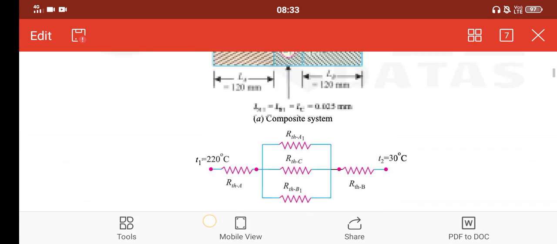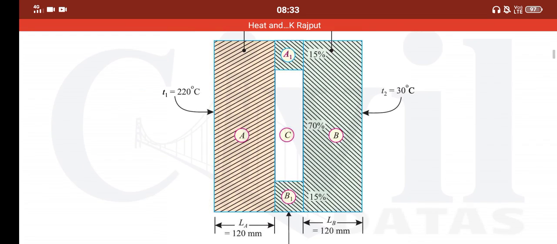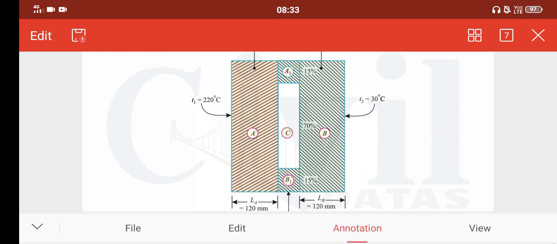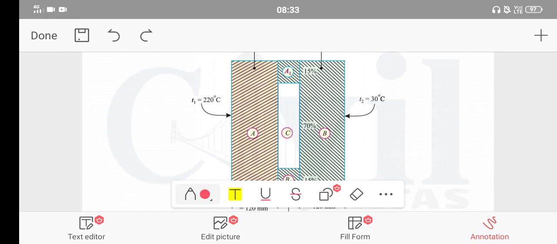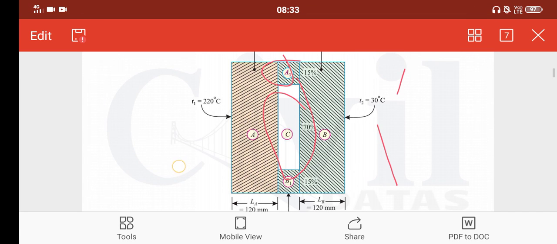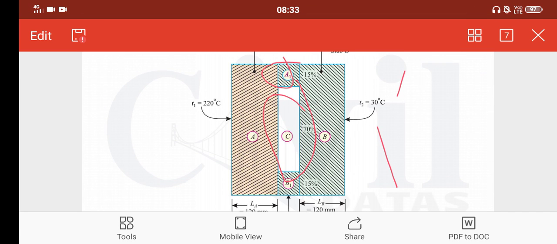And temperature, now see, I will explain to you. Wait just a minute. Now these three are in parallel, that is 1 upon R thermal A1 plus 1 upon R thermal C plus 1 upon R thermal B1.